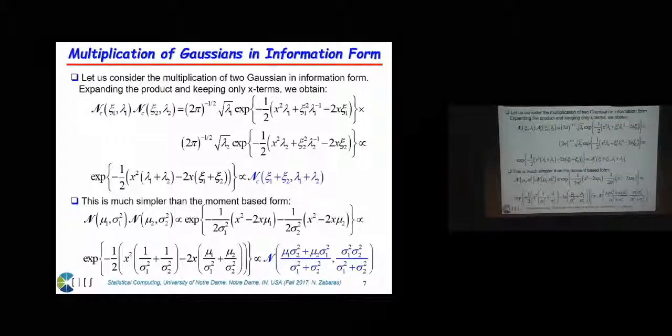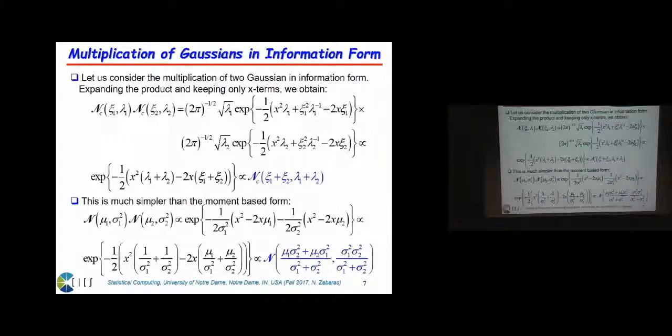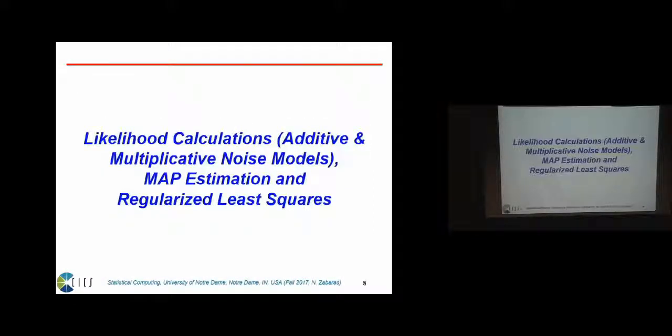This is written for the univariate case, but you can extend the same type of calculation for a multivariate distribution. Of course, the calculation in terms of moments given for the univariate case on the bottom is a little bit more complicated. So when you multiply Gaussians, there is merit in using the information form rather than the moment parameterization.